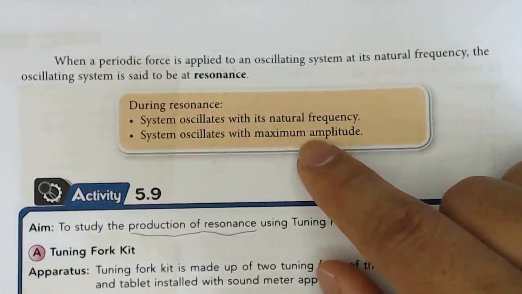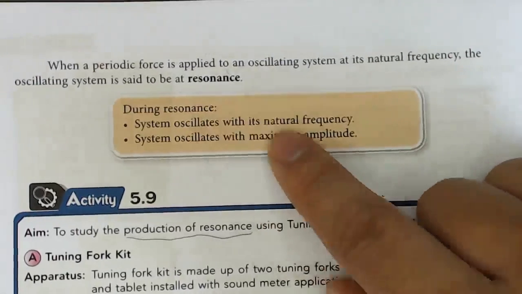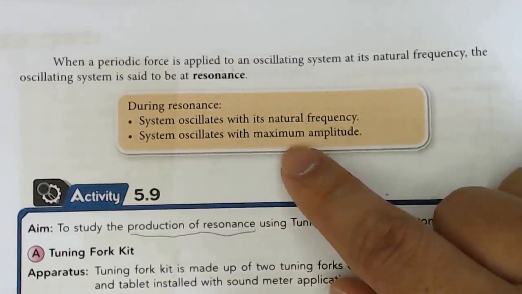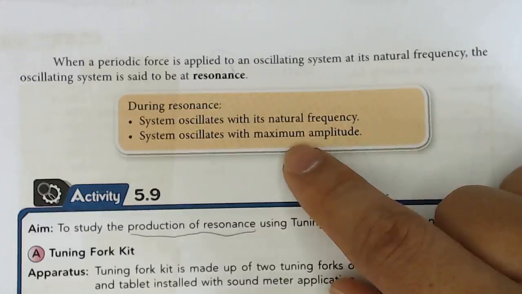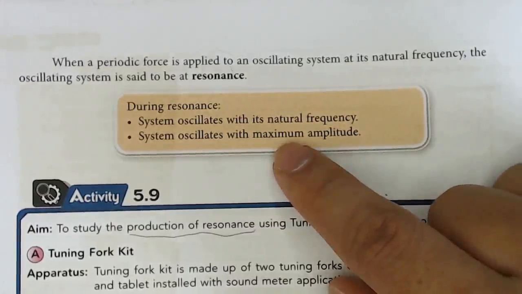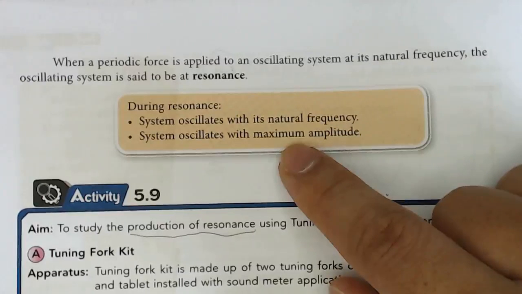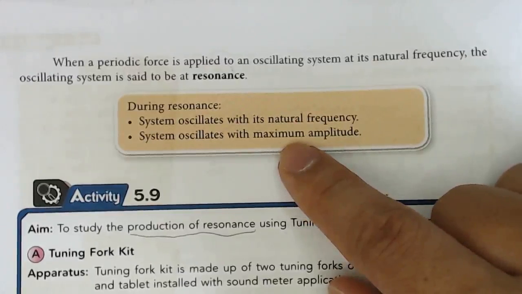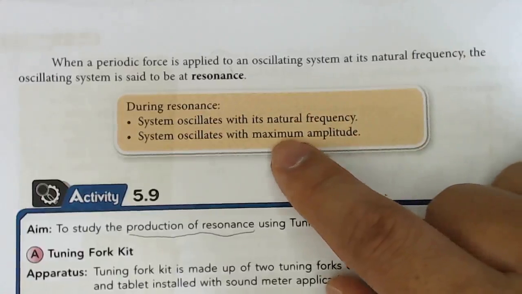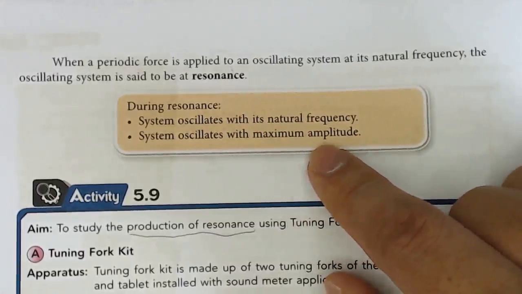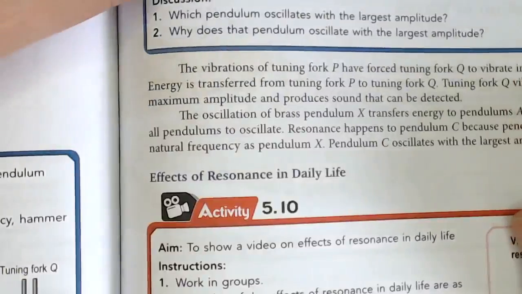And number 2, what resonance means is, when they both have the same natural frequency, then the one that tries to follow can absorb the energy from system 1, and then use the energy to maximize the amplitude. That is what resonance means.